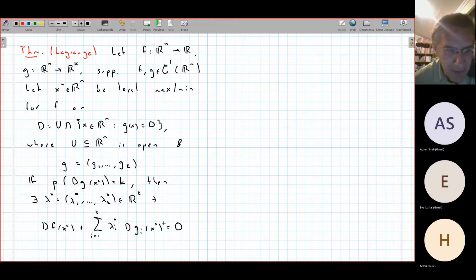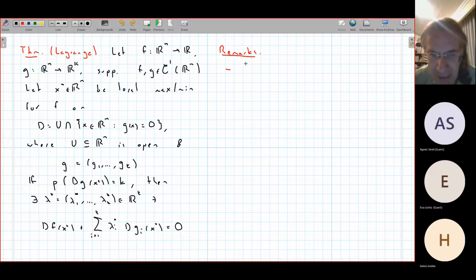Now let's examine this theorem. First of all, look at the following. The theorem states that if x is a local maximum or local minimum for the function f, then something happens. This means that Lagrange's theorem provides only a necessary condition for some point to be a local maximum or local minimum.